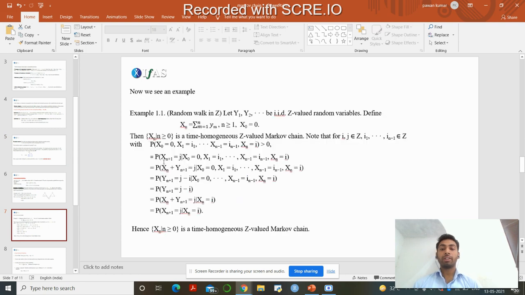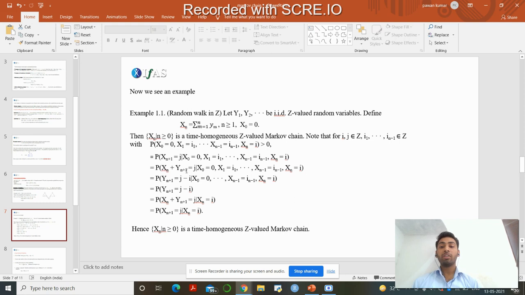So the probability of X(n+1) equal to j, given X0 equal to 0, X1 equal to Y1, and so on, where X(n+1) is Xn plus Y(n+1) and Y1 plus up to Ym is Xn, equal to j given this, the same thing.